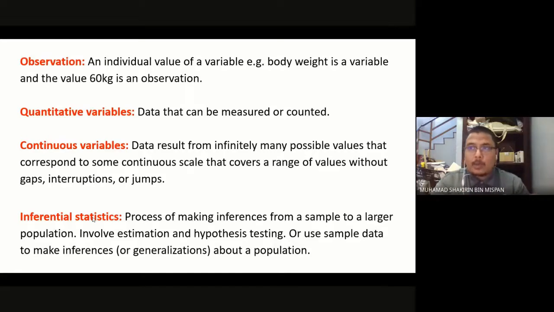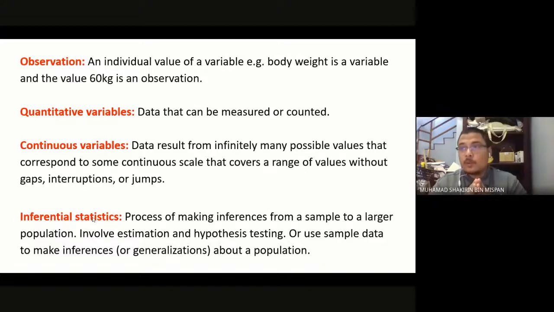Another one is continuous variables. If I can read to you, it is data resulting from infinitely many possible values that correspond to some continuous scale that covers a range of values without gaps, interruptions, or jumps.